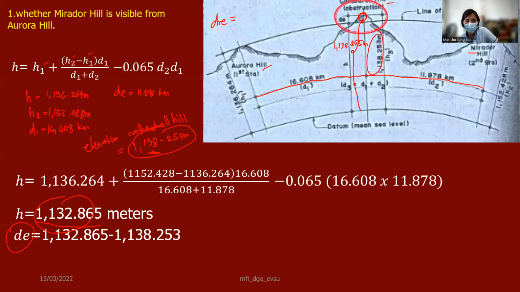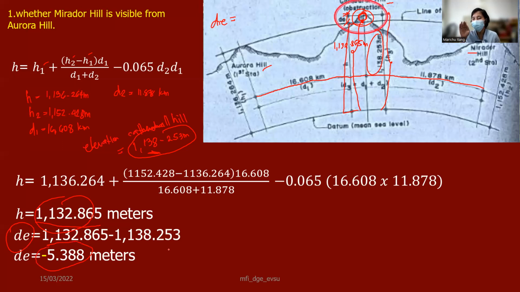So if we are going to subtract this H from this H, the remaining value is itong height. So this is now our DE. So DE is equivalent to negative 5.388 meters. So ibig sabihin yung negative is that naka-obstruct talaga yung line of sight.